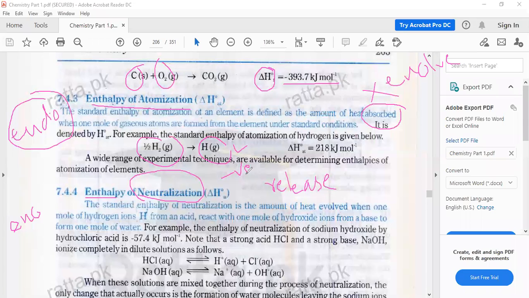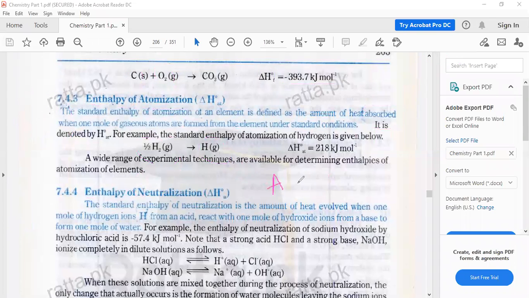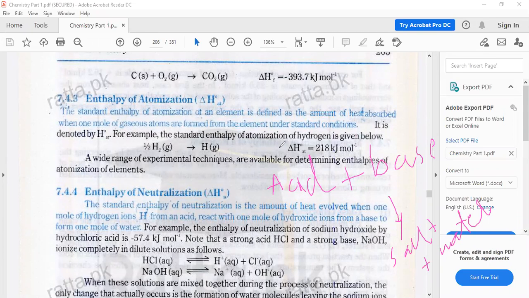So the standard enthalpy of neutralization is the amount of heat evolved when 1 mole of hydrogen ions react. As we know, the neutralization reaction is the reaction of acid and base. Acid plus base react together, and salt and water are formed. So acid provides H positive ion and base provides OH negative ion in a system.